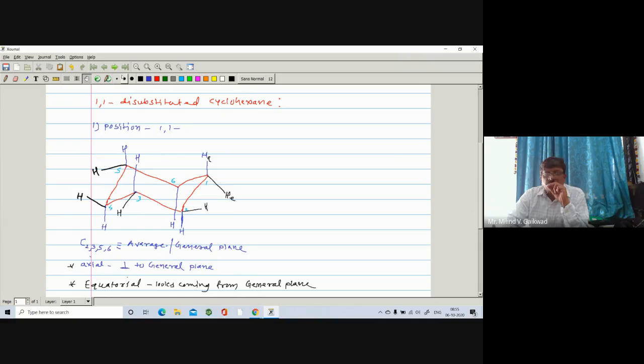So it should be parallel to 1 2. So here you draw a line parallel to 1 2, right? So it is called an equatorial bond. Here you see that on carbon number 6, the axial bond in yellow goes down the plane, and of course the equatorial bond goes above the plane.